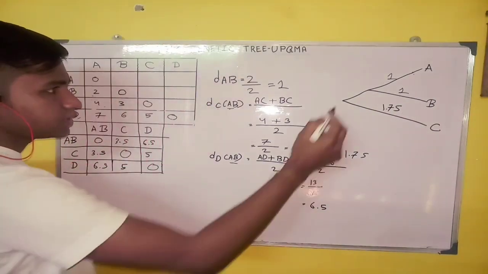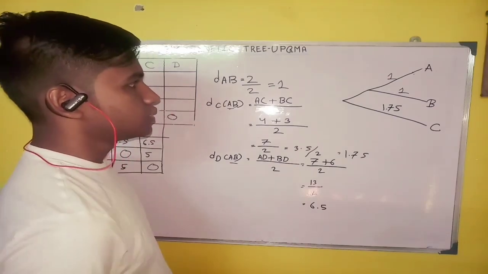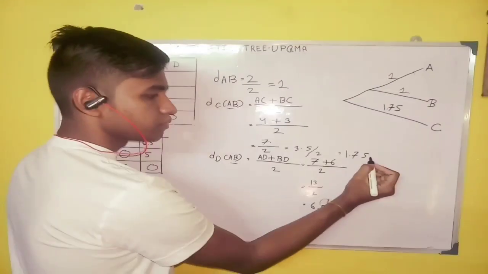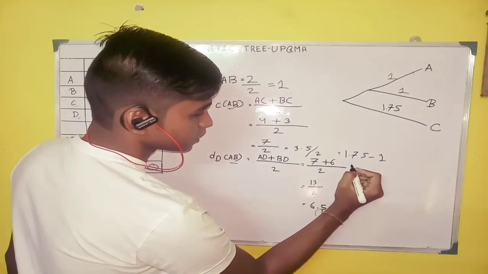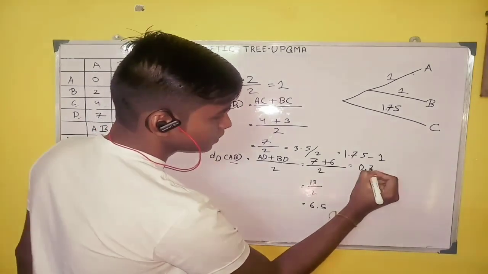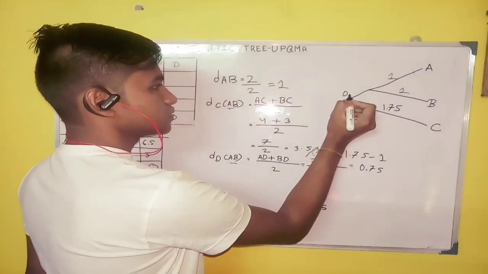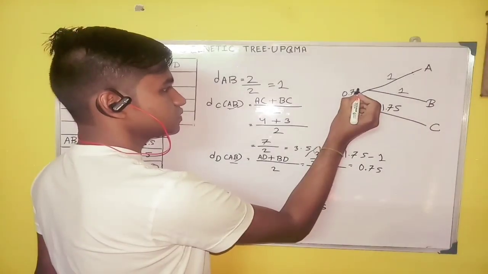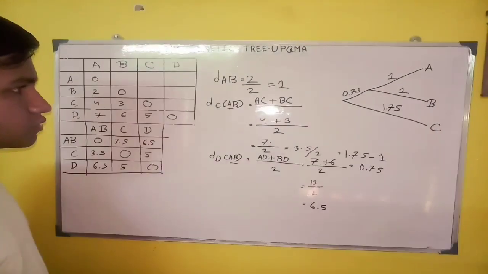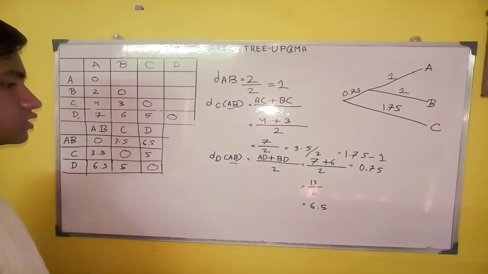But when we write 1.75, we have to note that 1 is already occupied, so we subtract 1 from 1.75 and get 0.75. So here we write 0.75. Now we have created another root, which is C, of this phylogenetic tree.